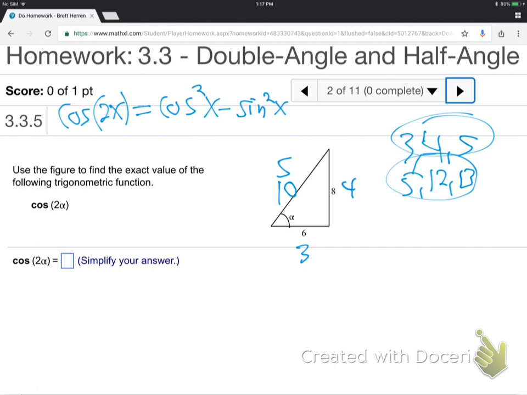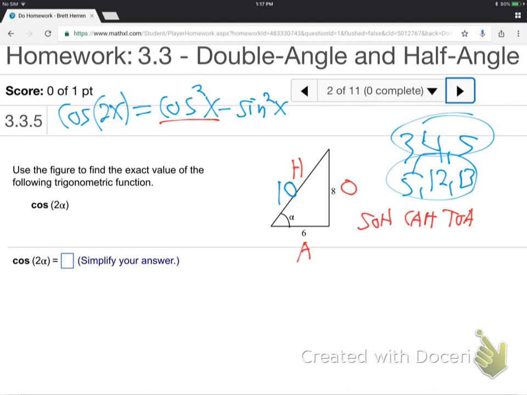All right, so 10. So we have the third side. We don't even have to do the a squared, b squared, c squared. We just do it like that. And we go, okay, so this is the opposite side, the adjacent, and the hypotenuse. So what's cosine? SOHCAHTOA. So do your cosine, but make sure you square it.